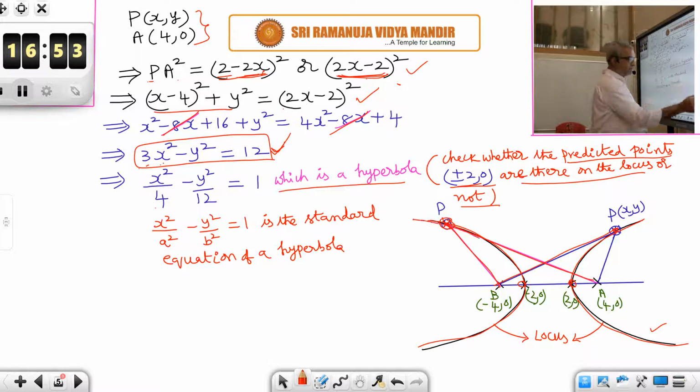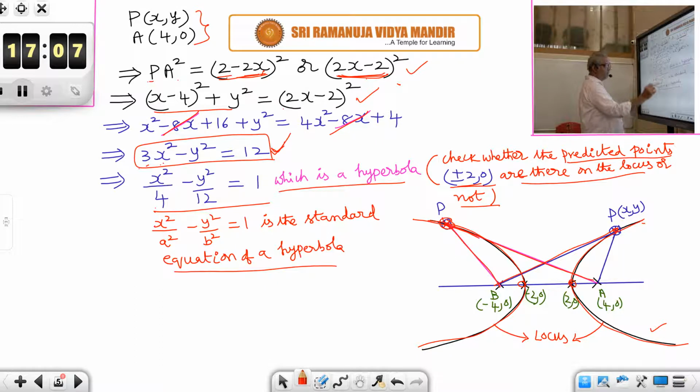So the hyperbola consists of 2 branches like this. Anyhow, we are going to study hyperbola in detail in the second year. This equation is the standard equation of hyperbola, x square by a square minus y square by b square. If you find any equation of this type, then you should recognize that it is a hyperbola.